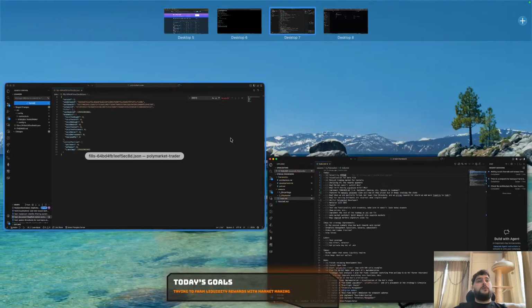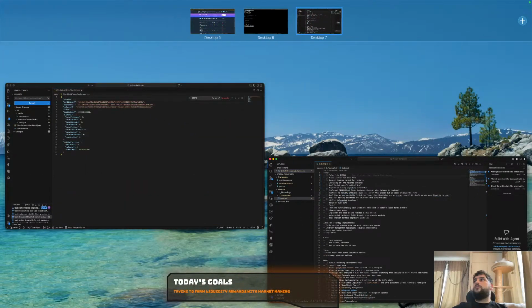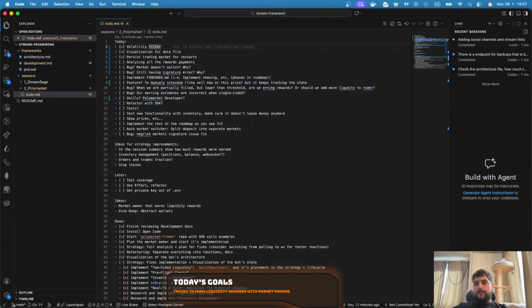So what we did is we implemented volatility filters.